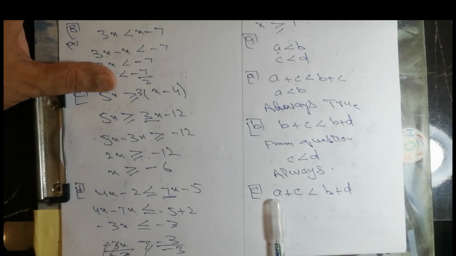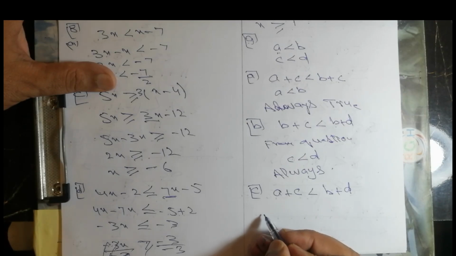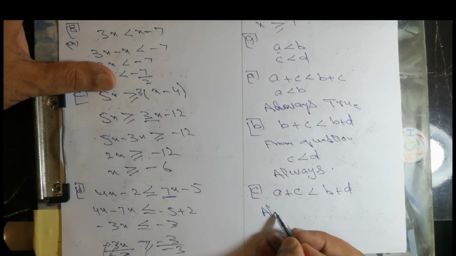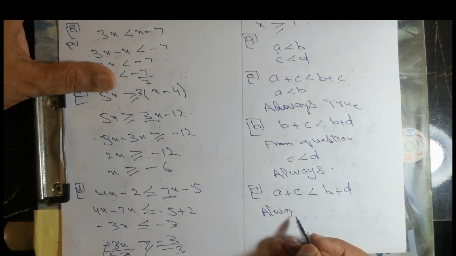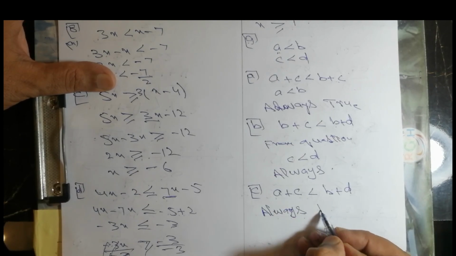So a sum of small numbers will always remain less than the sum of greater numbers. So it is always true.